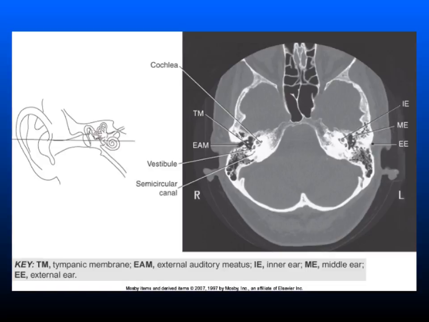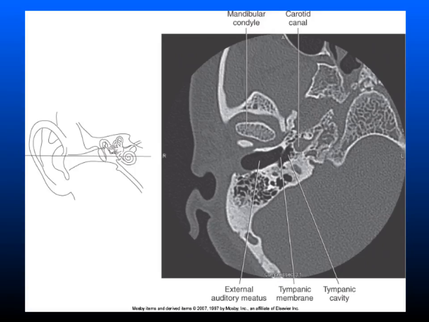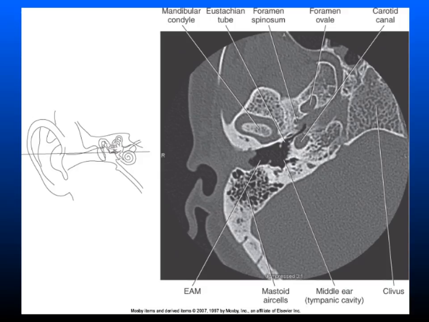Here's another image, an axial image that shows inside the ear. Again, you'll see in your book, I'm just taking them from the book, how it shows the external EAM and then all the way inside the ear. I probably won't give you something like this on a quiz or a test and ask you to tell me what this is or distinguish between the small bones.